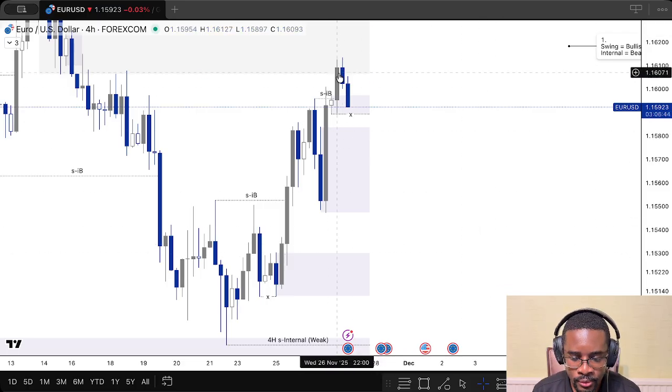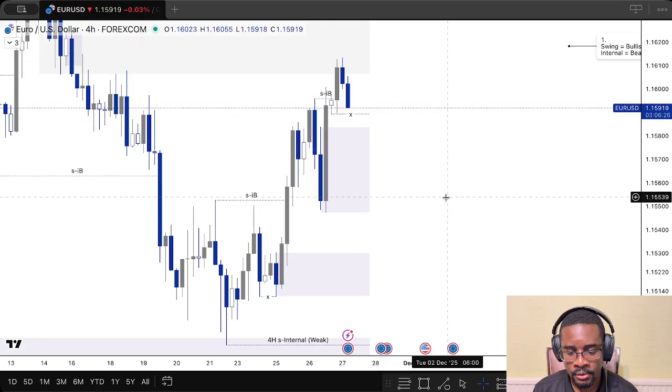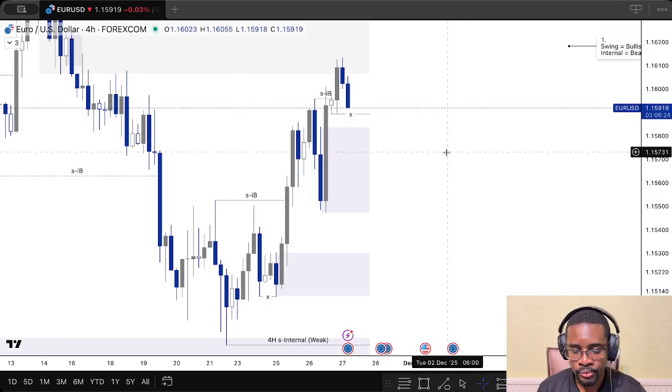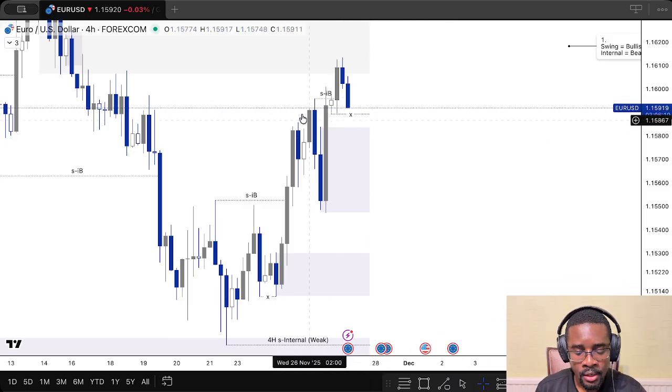Because there's no liquidity on the leg that created the zone, it's likely that the zone itself is going to be liquidated. So I'm not considering that as a zone to look for trades, but I'm expecting that to be run over.